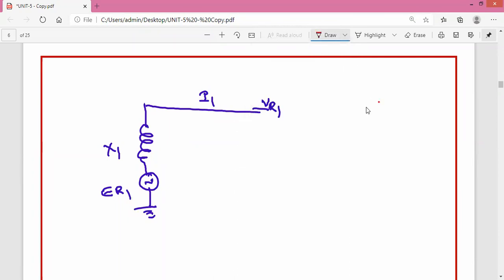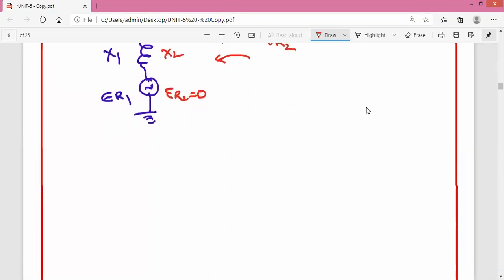Then the negative sequence components will be VR2, X2, and ER2, which is equal to 0, and I2. I1 is flowing in this direction, and I2 is flowing in this direction.